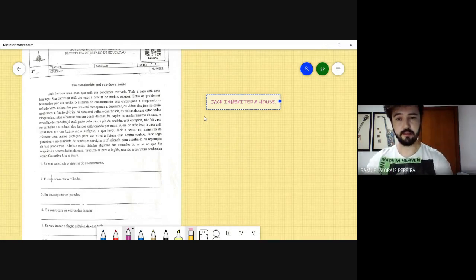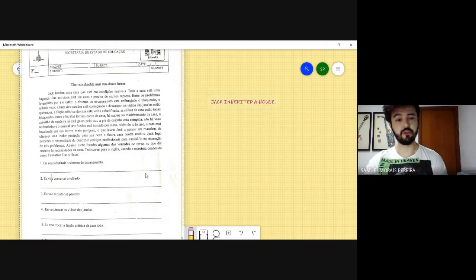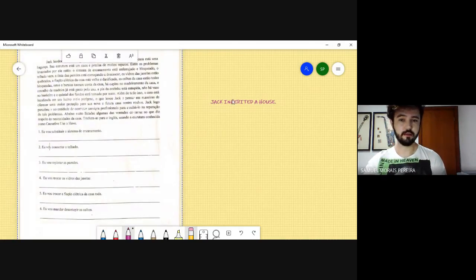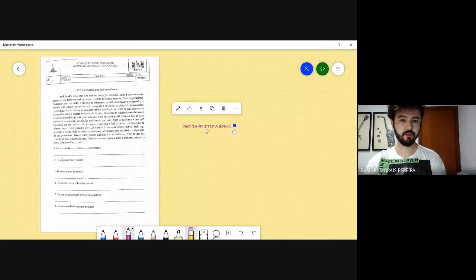And the problem is, this house is ramshackle and rundown, so it is in very bad conditions. There are many problems in the house, and Jack will hire some professionals to fix these problems, okay?